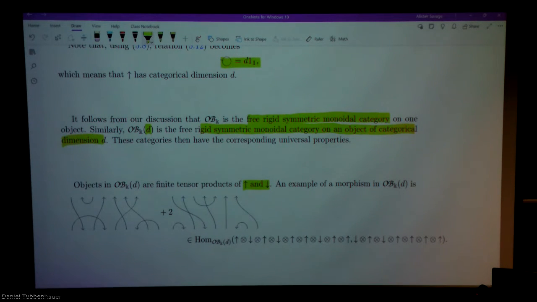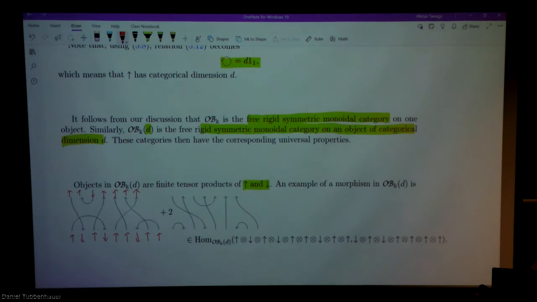Your domain is given, the up arrows and down arrows that appear are the factors of your domain object, prescribing the orientation of the strands at the bottom, and then the strands at the top, their orientation is determined by your codomain. And then you can pick any string diagram that connects the bottom endpoints to the top endpoints so that the orientations match, and you can have cups and caps and they can cross each other, right?